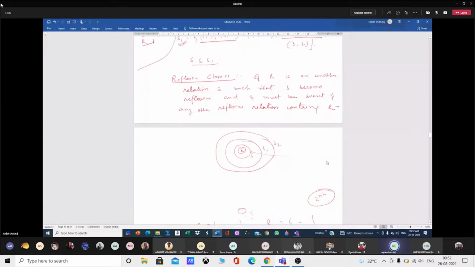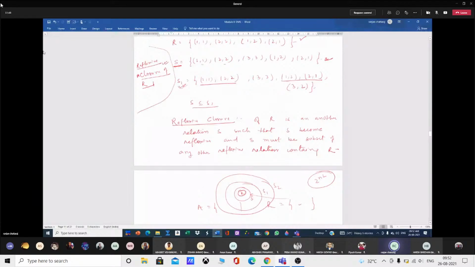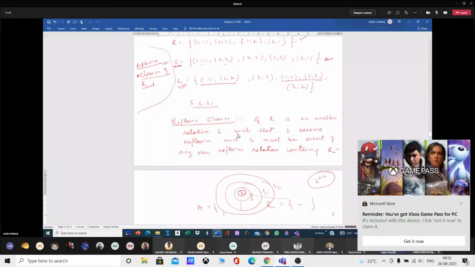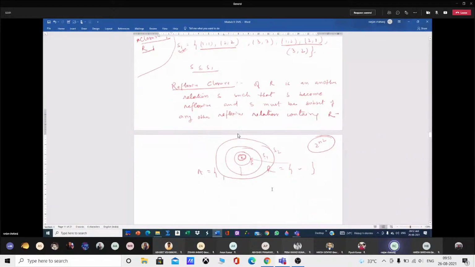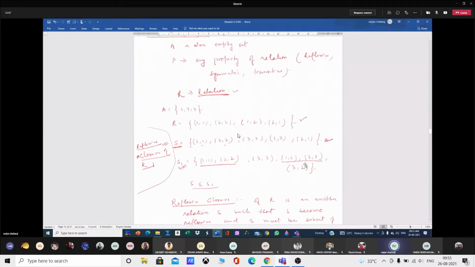So simply add the terms (a,a) to R. Okay, that is the lowest set that contains R as well as these.